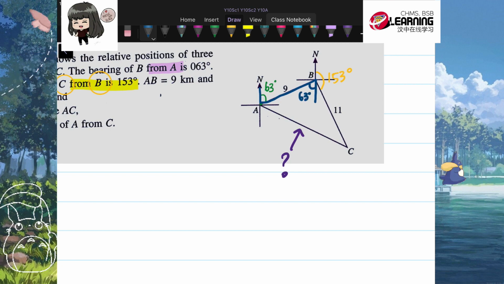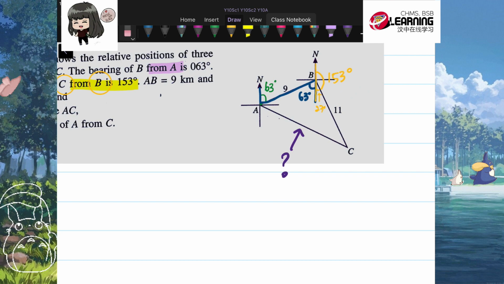And another thing is, we know that this is a straight line, 180. When you minus this 153, you can find this angle here. So this angle is 180 minus 153, which is 27. So this is 27 degrees.